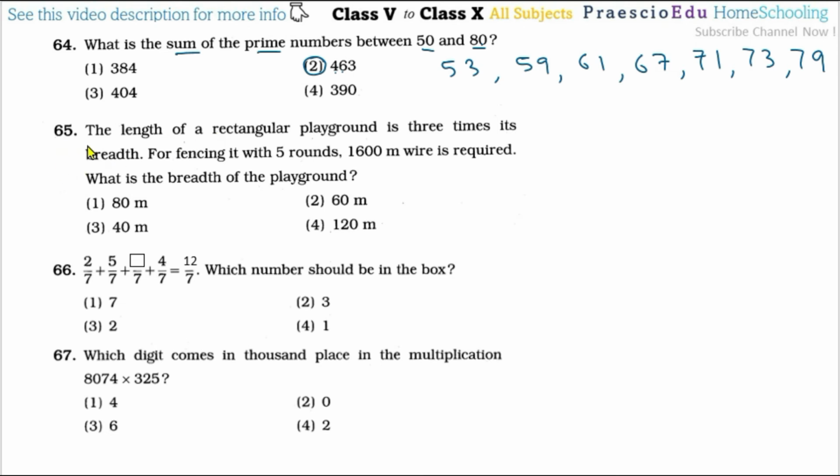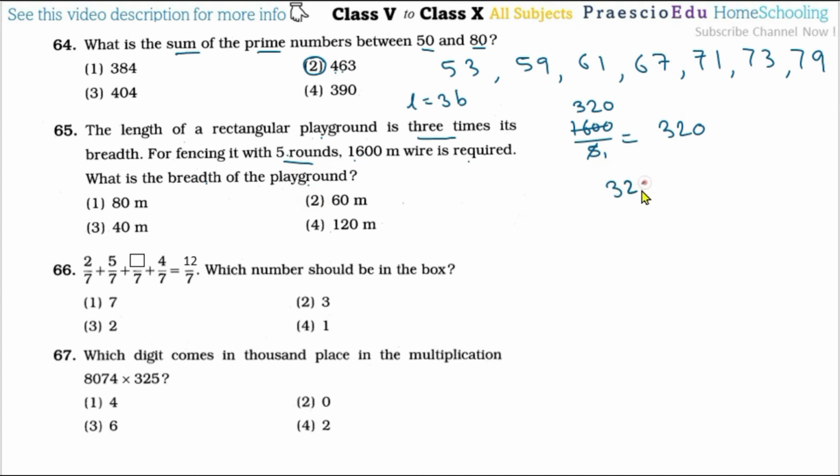Then question number 65, the length of a rectangular playground is 3 times its breadth, so length equals 3 times the breadth. For fencing it with 5 rounds, 1600 meters of wire is required. If you divide 1600 by 5, you get 320, which is the perimeter of the playground. So what is the breadth of the playground?